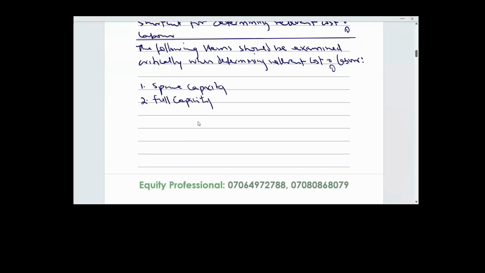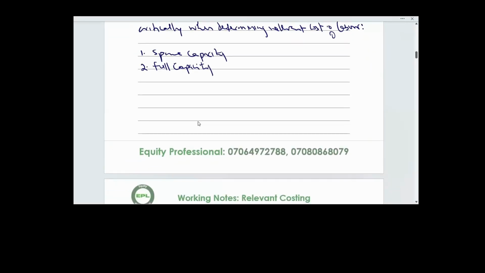Okay, so let's talk about spare capacity. Again, what we want to discuss here is what you should be looking out for in a question anytime you want to determine relevant cost of labor.